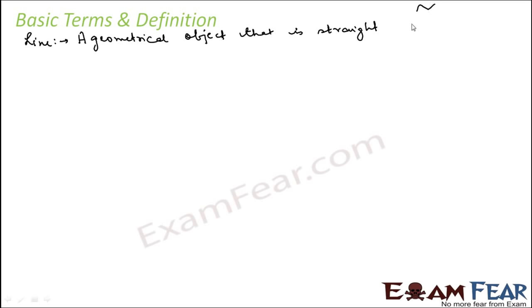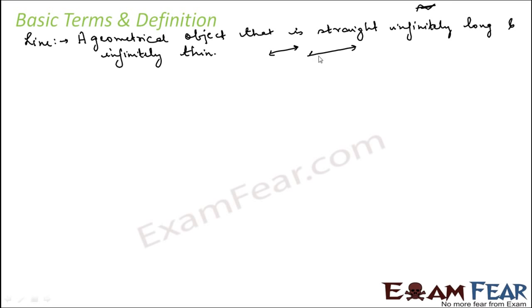This is also a line, but this is a curved line. So straight and infinitely long. It has length, but the length is not defined. And infinitely thin. When I say infinitely thin, I'm not even considering the width or breadth of the line. For example, this is a line, this is a line, this is a line, because all these lines have infinite length.